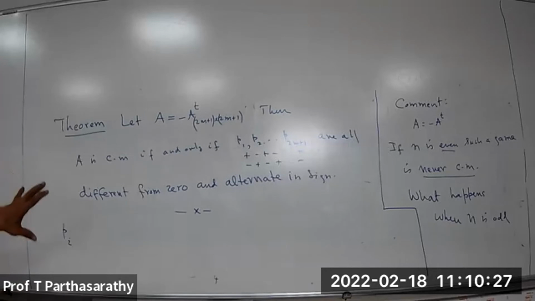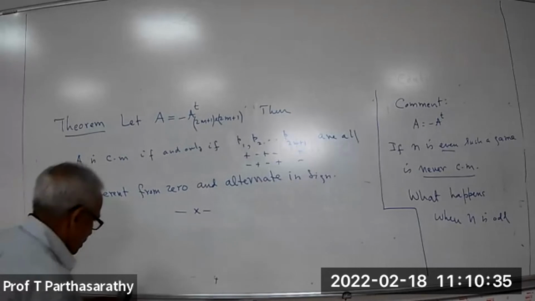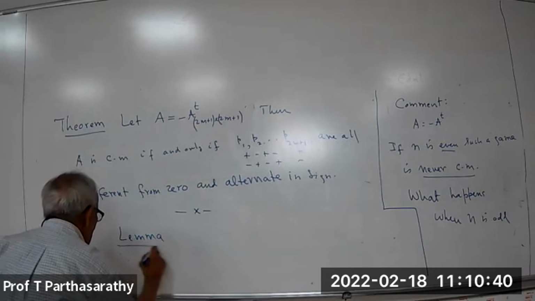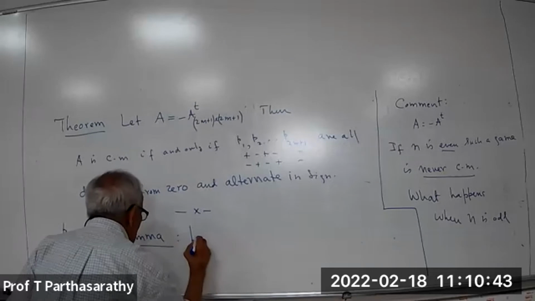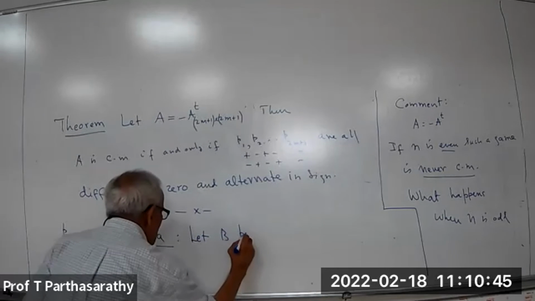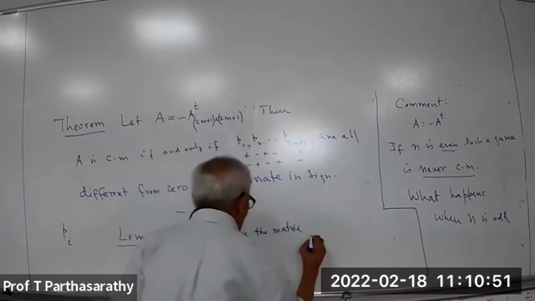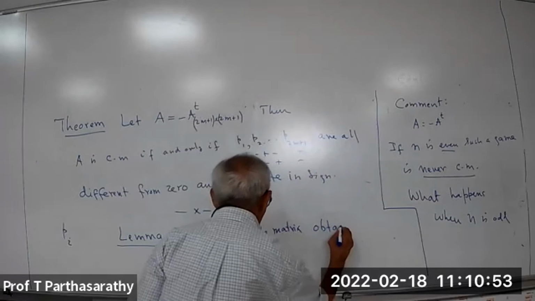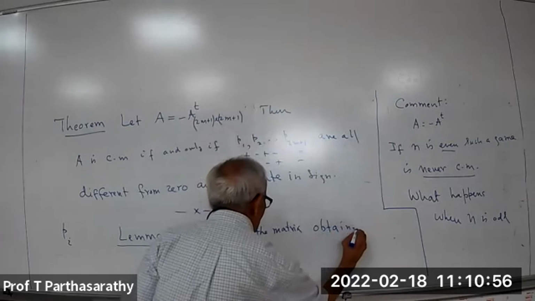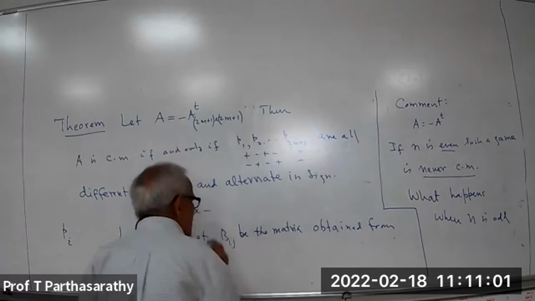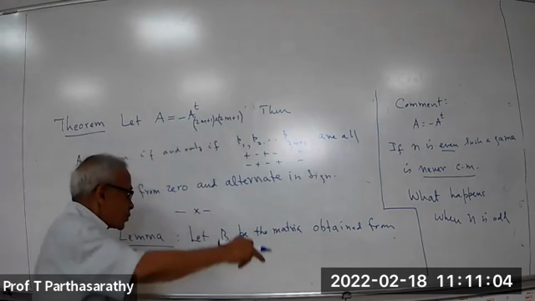And not only that, for this he proves one significant lemma. That lemma is crucial for the proof. That is, he proves the following lemma. Let B be the matrix obtained from A, Bij if you want, that is omitting the ith row and the jth column.